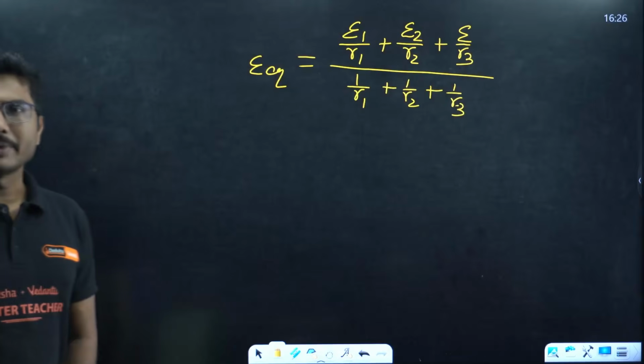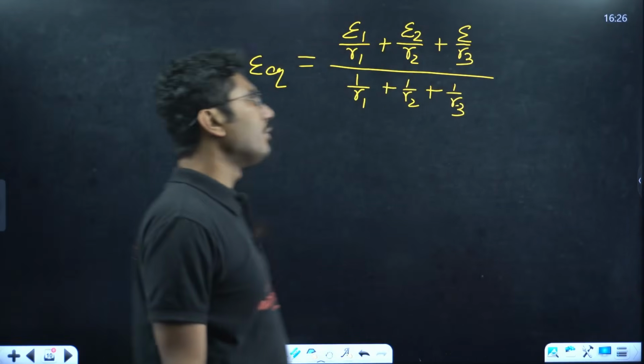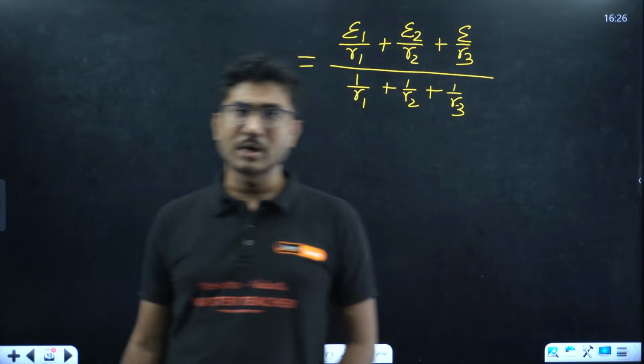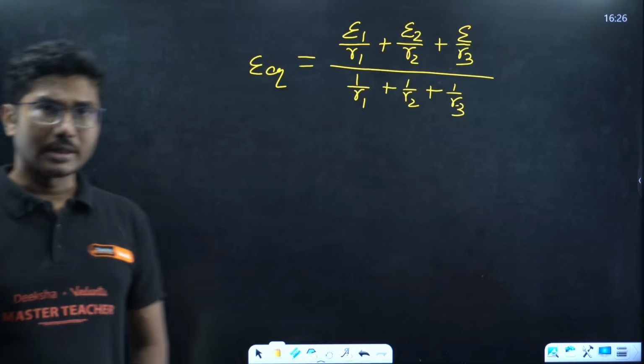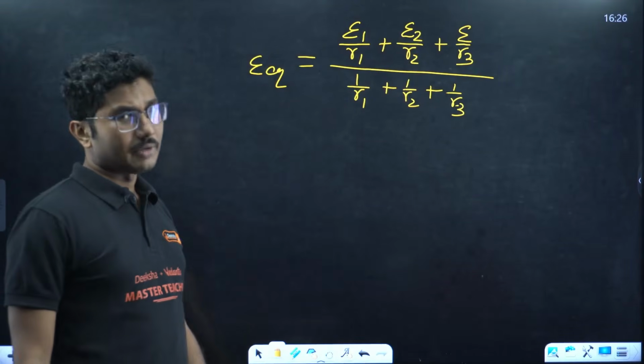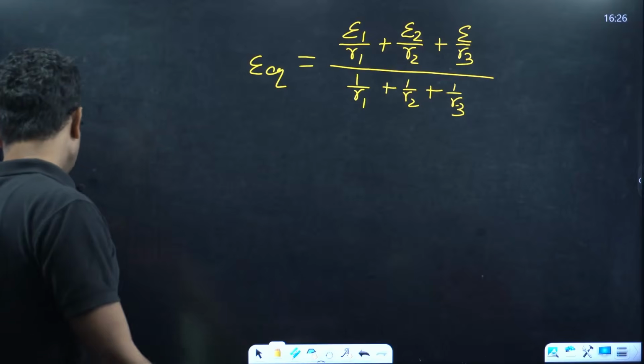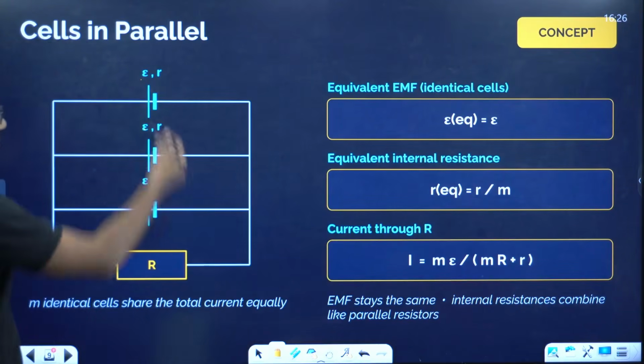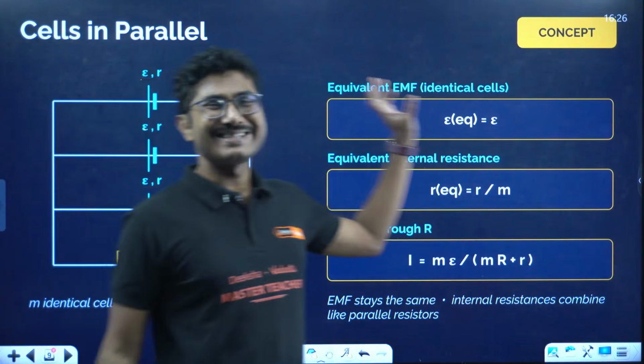This formula is much easier to remember without any difficulty. You don't need to worry about whether it is r1 into epsilon 1 or r2 into epsilon 1, or whether there is a plus or minus. You just use this formula. That is the easiest way if the EMFs are not equal. If the EMFs are equal, remember the EMF remains the same.